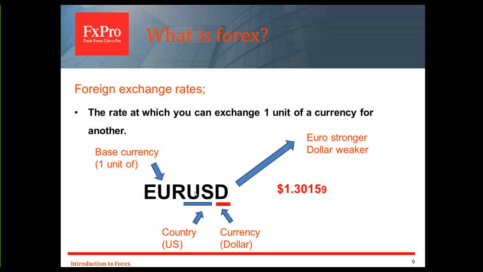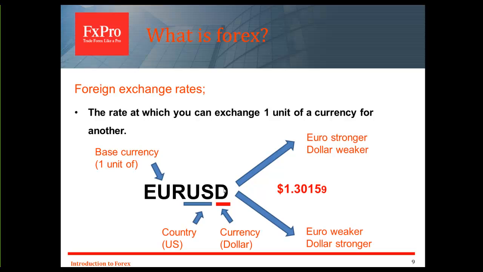Another bit of terminology worth saying is that when we talk about euro dollar or buying euro dollar, euro stronger, that means the euro dollar exchange rate is going up. So if we see euro dollar move higher, it's the euro that's moving higher and the dollar that's weakening. I'm going to say this point quite a few times, it's a currency pair. So what happens in this currency pair is telling you just as much about what's happening to the dollar as it is about what's happening to the euro.